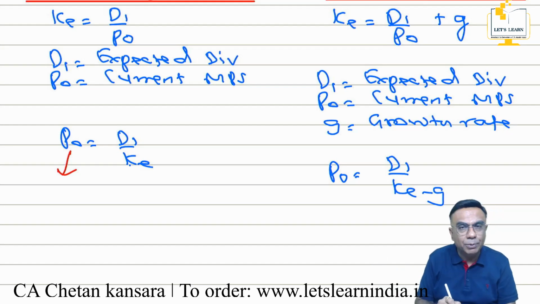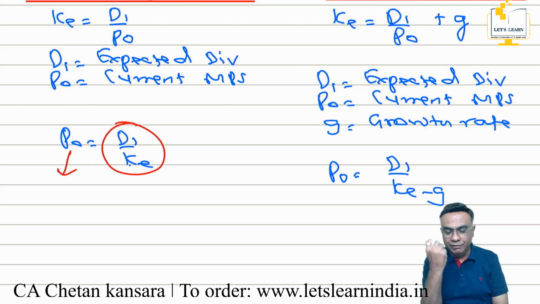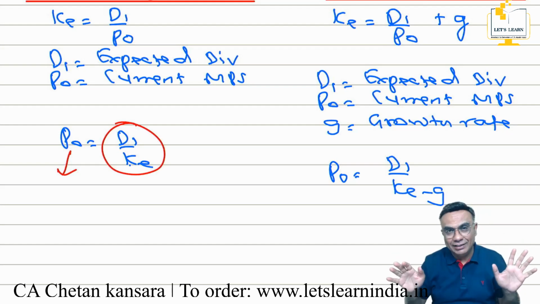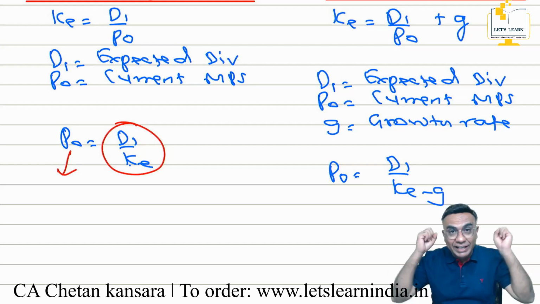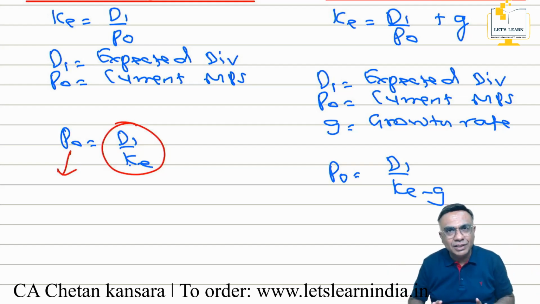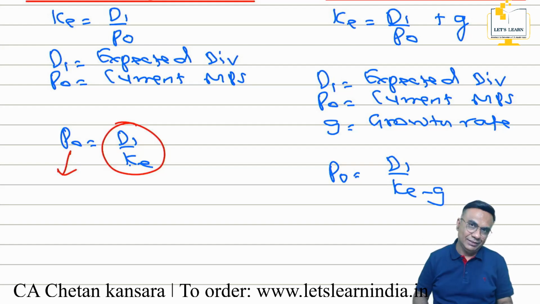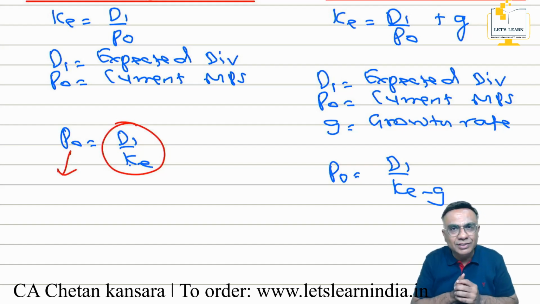Now P0 equal to D1 upon KE. What is the logic of this formula? Remember, the value of any share, in fact the value of any asset, is the present value of all future cash flows which you expect to earn from that asset. Suppose I want to value your business, I want to take over your business.